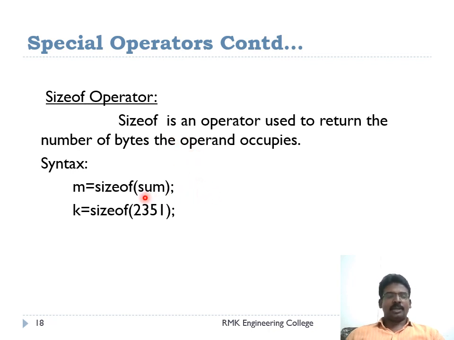For example, the sizeof operator is used to calculate the memory size occupied by a variable. From the name sum we can guess that some integer value is going to be stored in this variable. Normally an integer will occupy 2 bytes of memory when it is used in the program. So here sizeof sum will return 2 bytes, or 2, as output.